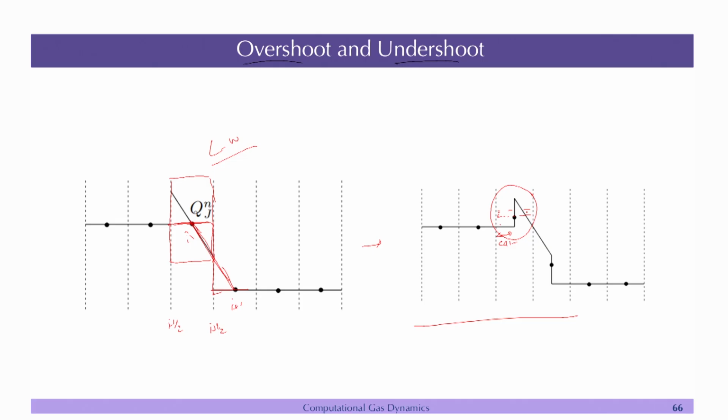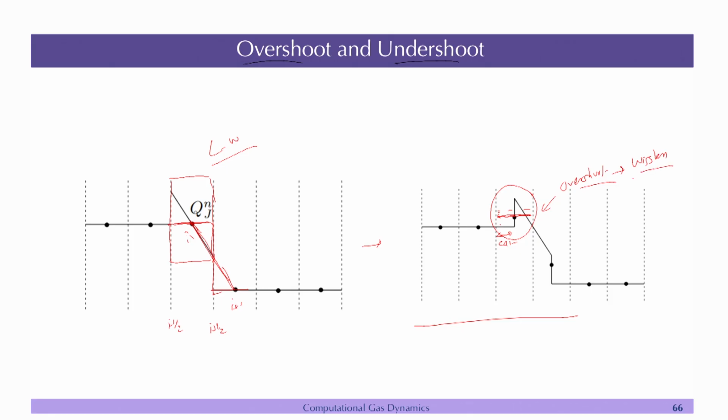What has happened is that there was no overshoot in the problem initially, but because of this linear construction, where we considered the slope from I plus 1 and I, we created an artificial overshoot. It has gone above the value that is expected, and this is what will develop the wiggles.